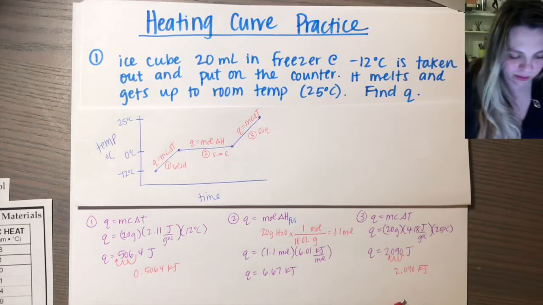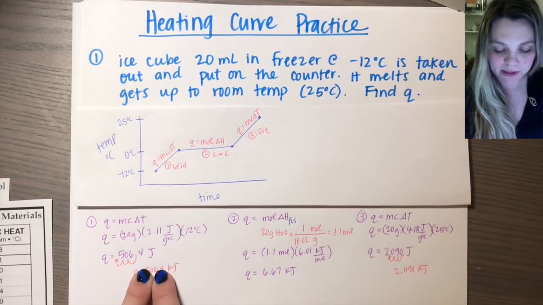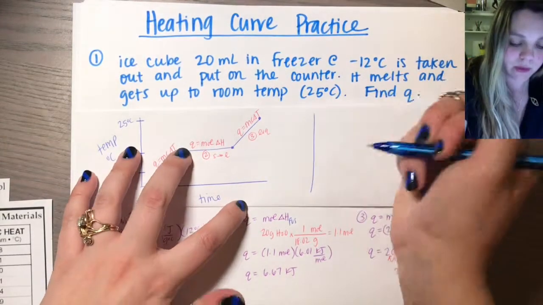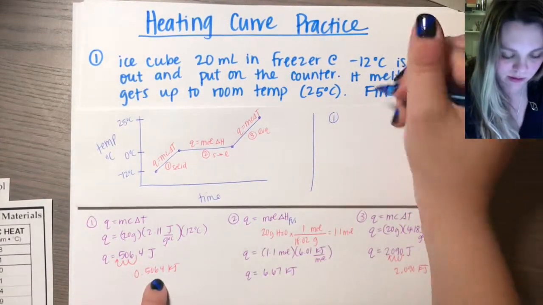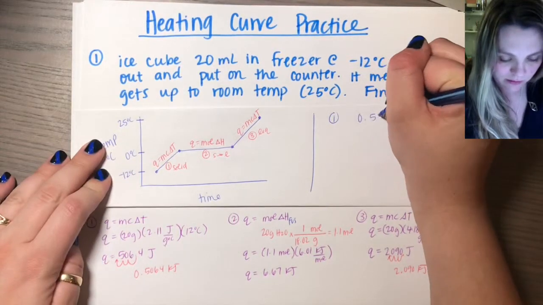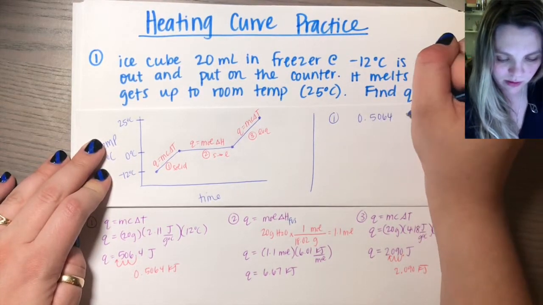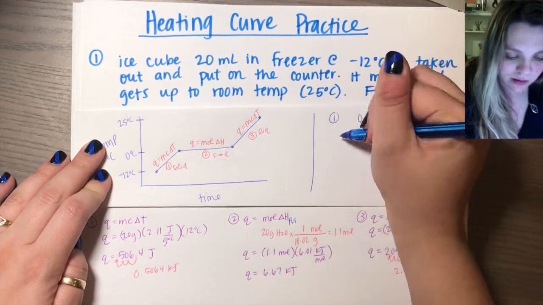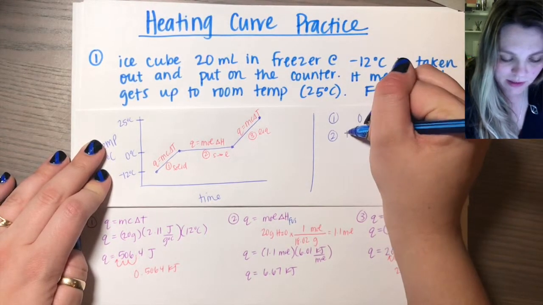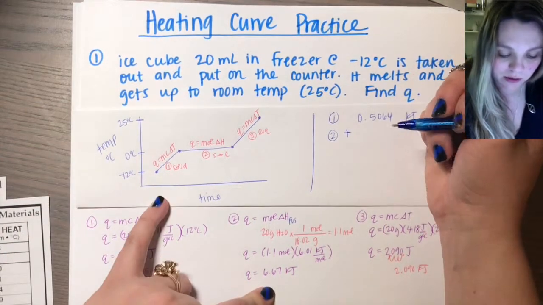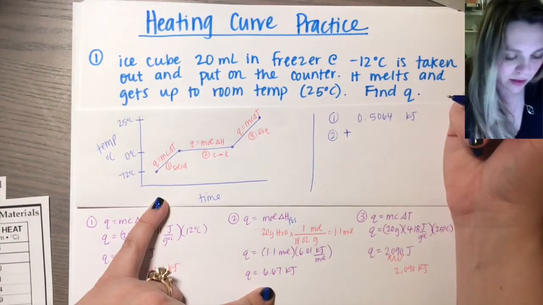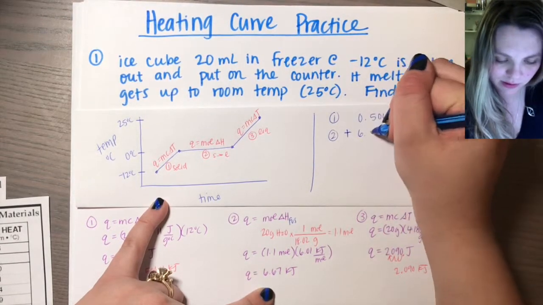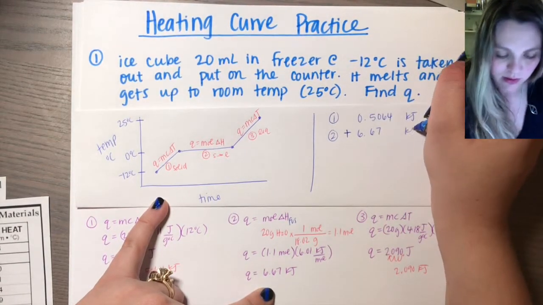Okay, so to get my actual total answer, of course I have no other color for you, I have to add up all 3 steps. I'll do it right here. Okay, so for part 1, my answer was 0.5064 kilojoules. That's how much energy it took to heat up the ice. For step 2, I'm going to add them together. How much heat energy it took to melt the ice cube, which would be 6.67 kilojoules.